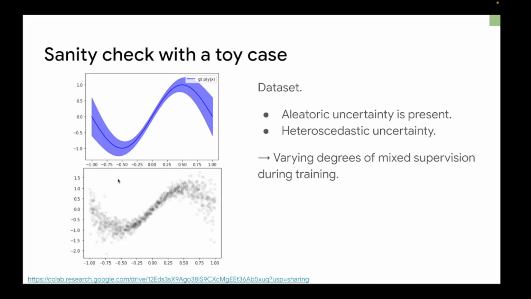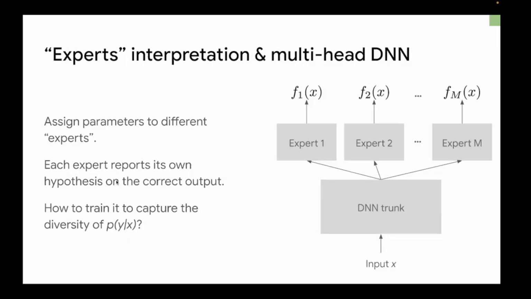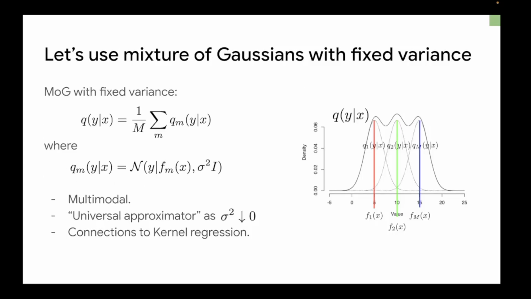But let's say you also observe a cluster of samples here. Then if you assume a single Gaussian, it's hard to model this. But if you have sufficiently many experts in the mixture of Gaussians, then you can still model that by assigning more experts here and fewer experts here, for example. So we're generalizing beyond the single Gaussian case here.